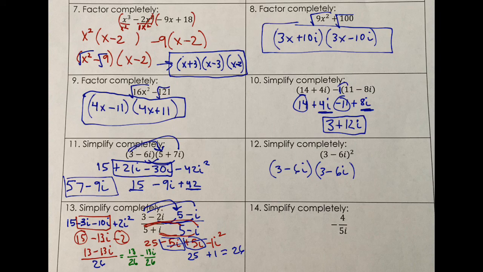Punch it in your calculator and see what you get. It does, and that 13 over 26 becomes 1/2. And the other 13 over 26 also becomes 1/2i because it simplifies to 1/2. And this is your final answer.